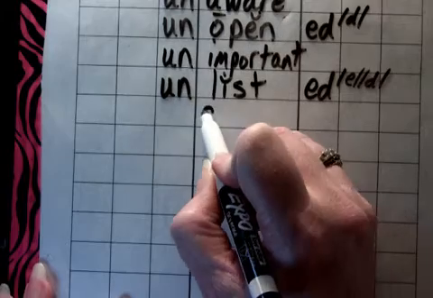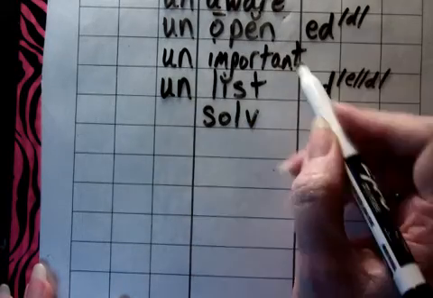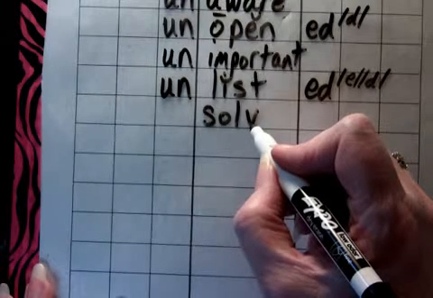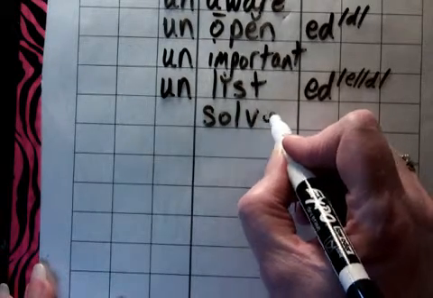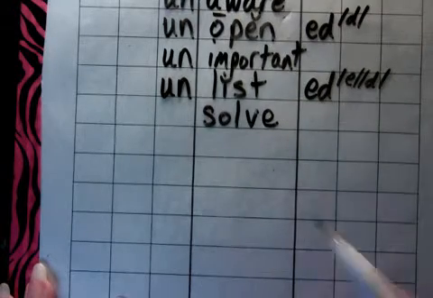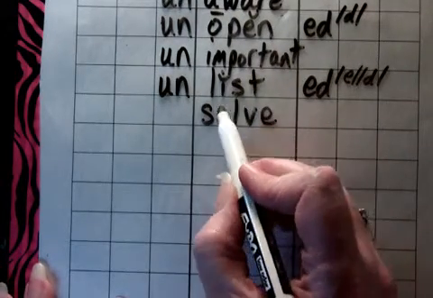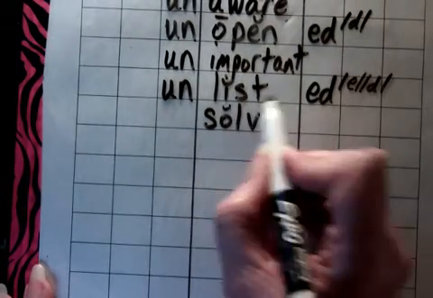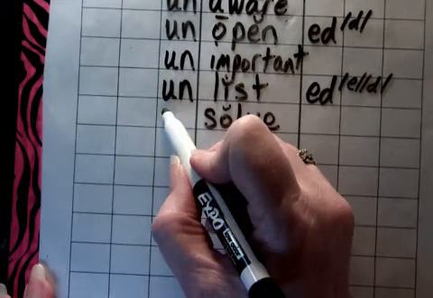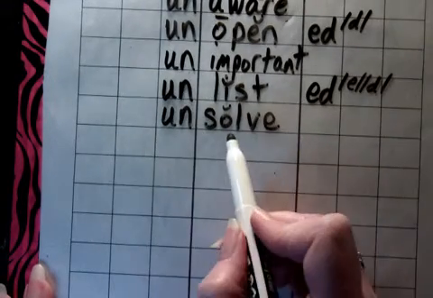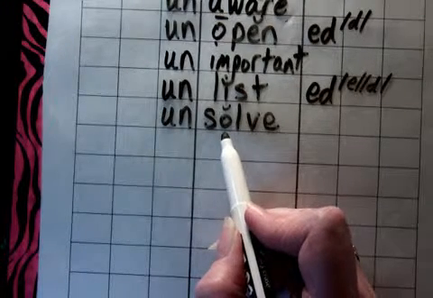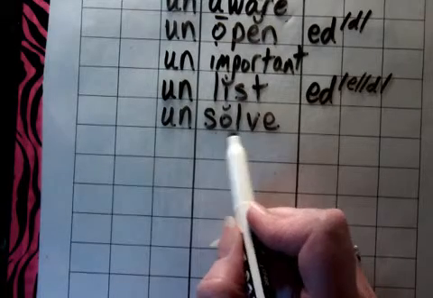The next base word is solve. Solve. Remember, there's no word in the English language that ends in a V, so we have to have an E to protect the V. It's not jumping over two consonants to make that say its long O sound. Solve. Prefix is un. So we can say the mystery was solved, or we will solve the mystery.